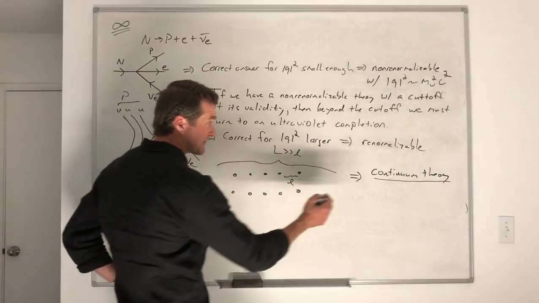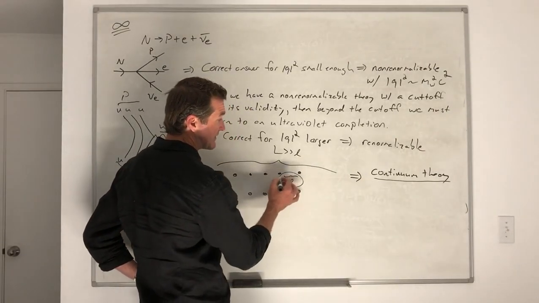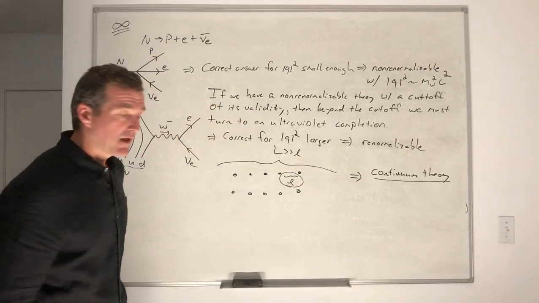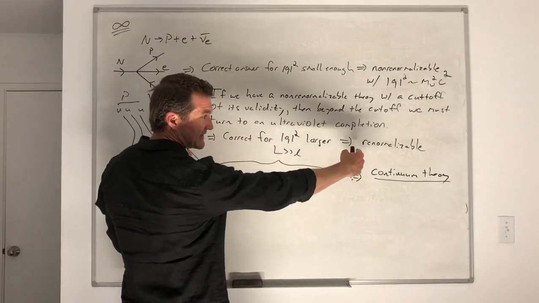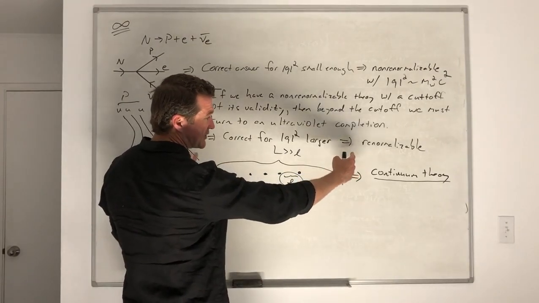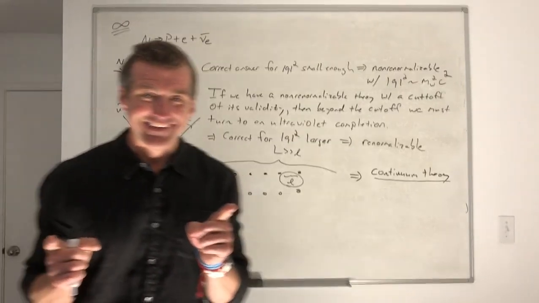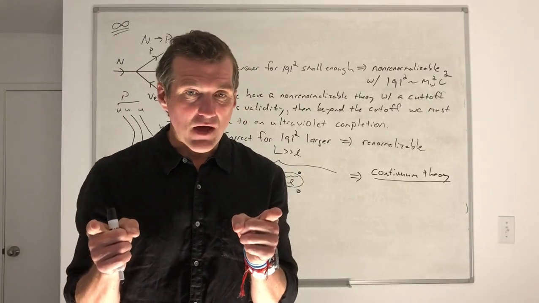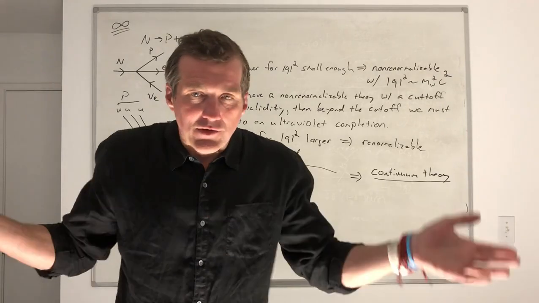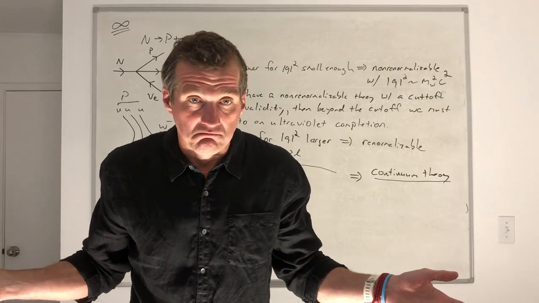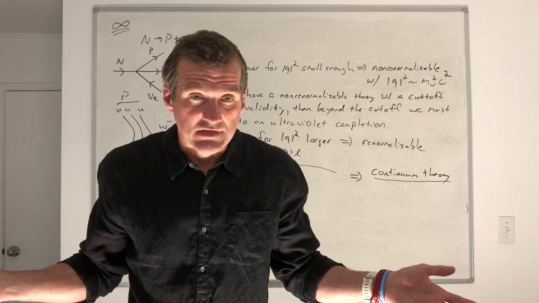But the cutoff for this is exactly this length here. Because if you take the distances over which you're considering this and you shrink them down and you get anywhere near the actual distance between the molecules or atoms, clearly your continuous description is going to break down. Does this make sense?